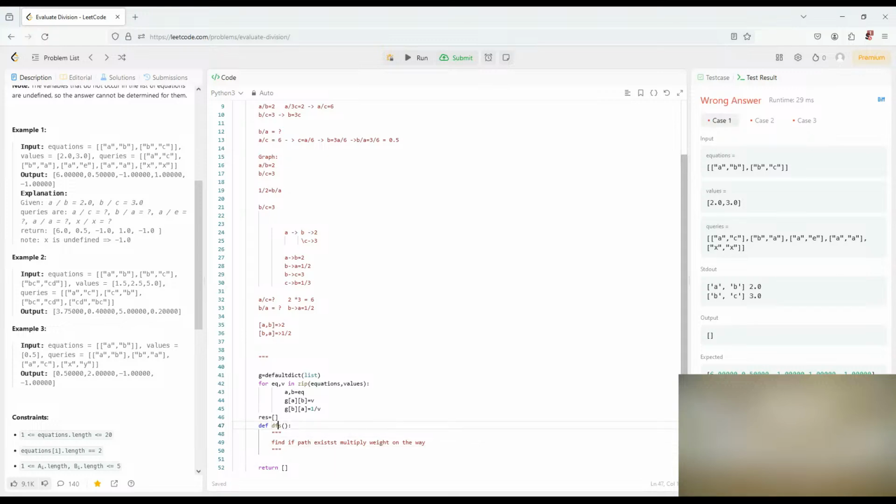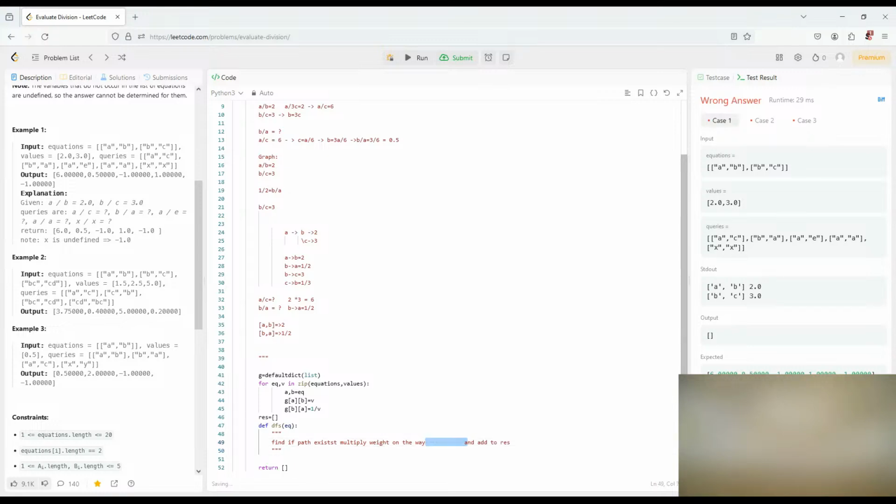Okay, and then we can accept the equation here, right? So, which is the query, which is the same, then on the way and add to result.